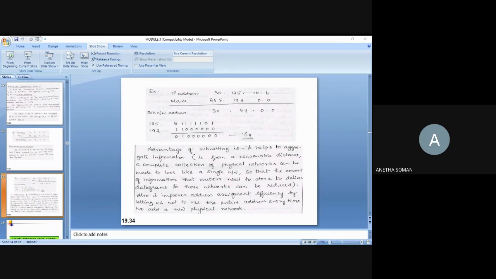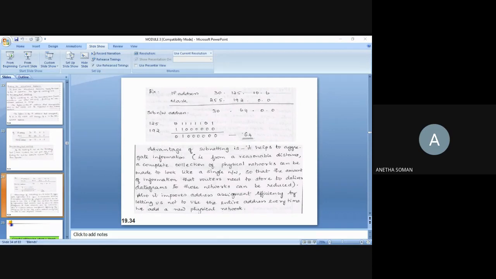And the second advantage is that it improves address assignment efficiency. Whenever you add new physical networks, you don't want to use the entire address again and again. Every time you add a new subnetwork, it is not required that an entire address be used.